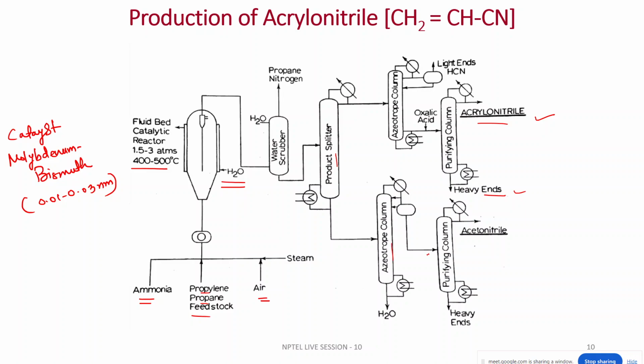It is also taken to the azeotropic column and purifying column. Over the end, you will be getting acetonitrile as a top product. So these are some purification and azeotropic distillation processes in this section. Other than that, the reactions and the water splitting are the products of this reaction which is occurring in the fluidized bed catalytic reactor.